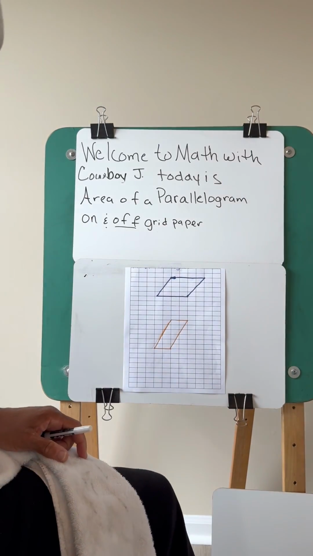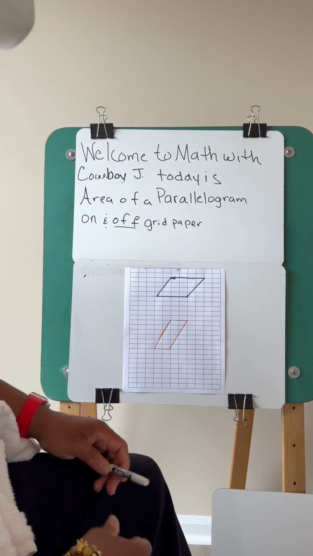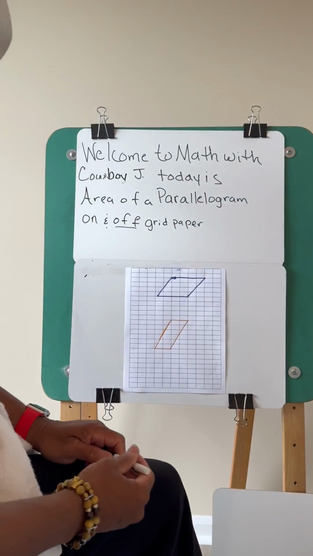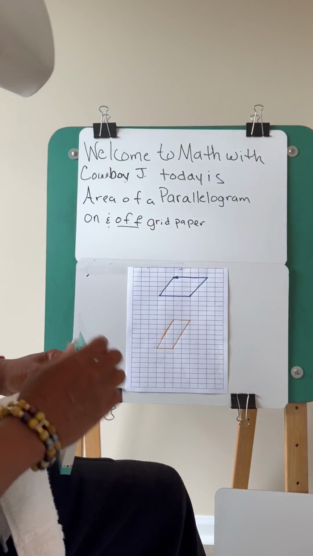So now it's on grid paper. So when it's on grid paper, you want the base to be a number along the grid line, a line kind of across the grid line.